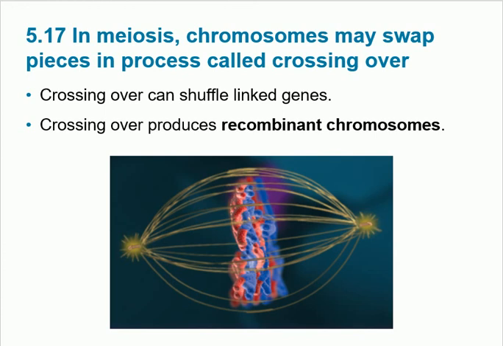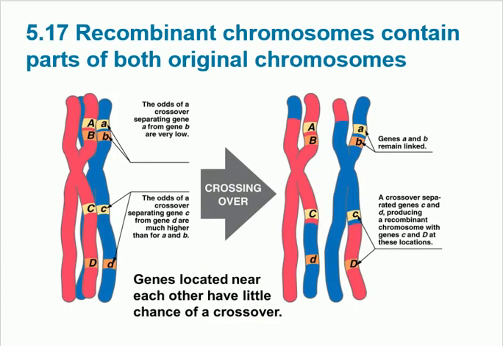If that's the case in linked genes, still some crossover can happen, and this is going to shuffle things a little bit, and this can lead to something called recombinant chromosomes. The genes are linked together and you still receive them together, but a piece from here goes to the other chromosome, so they can go together.